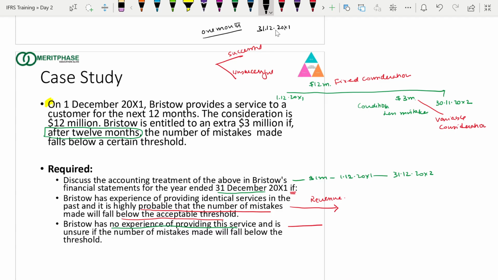If you are successful, point A. If it is unsuccessful, point B. But to check whether we are successful or not, it has to be at the end of the term or end of the contract. Highly probable.